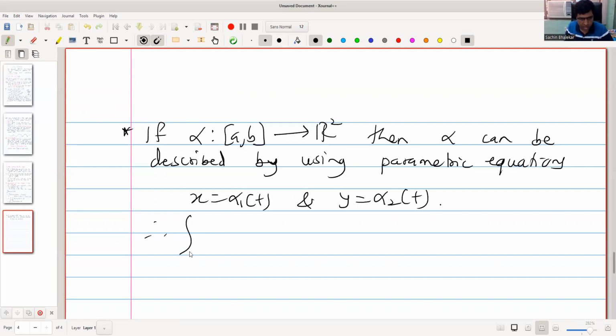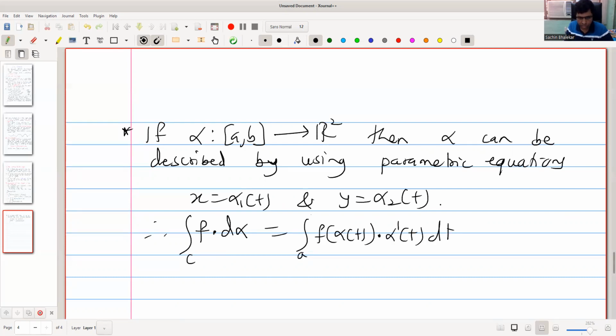Therefore, this integral over C, the trace of alpha, of f dot d alpha, this line integral, is nothing but the integral from a to b of f of alpha of t dot alpha dash t dt.